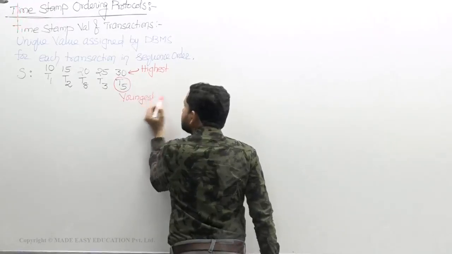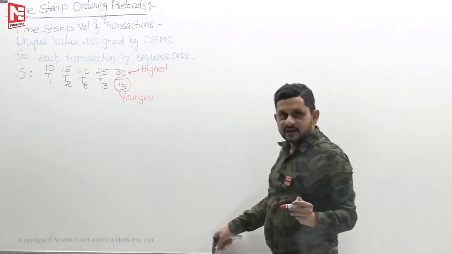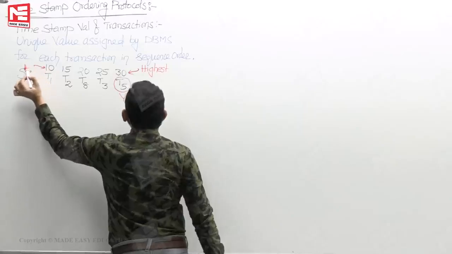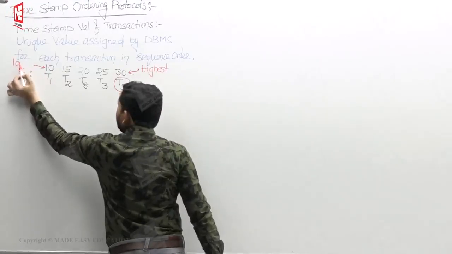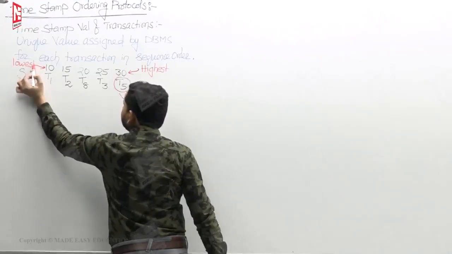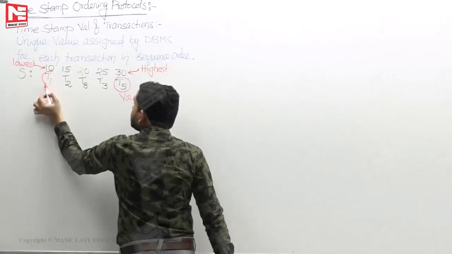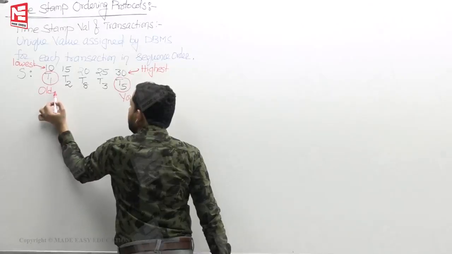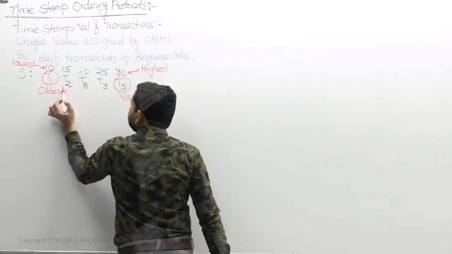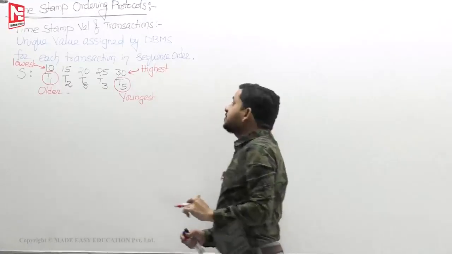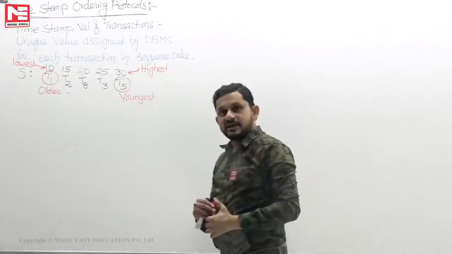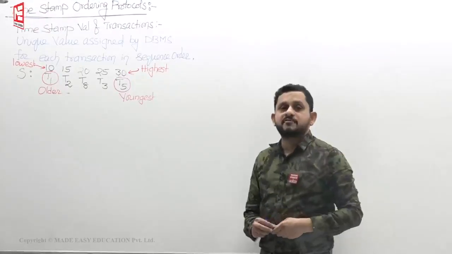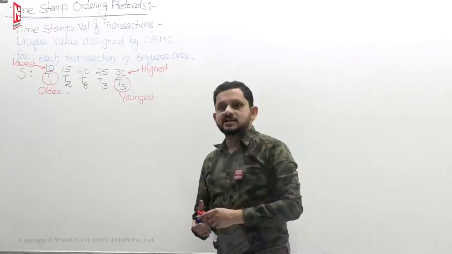The transaction with the minimum, lowest timestamp value is the oldest transaction, not schedule, in the schedule.